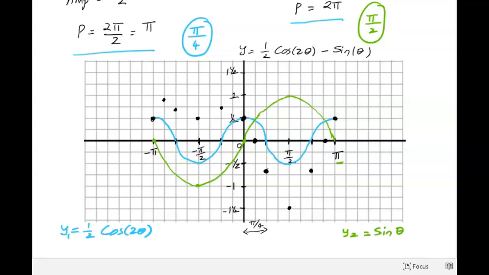And then, I can go further again. So the blue graph is somewhere between 0 and minus half, take away a value that is double that.